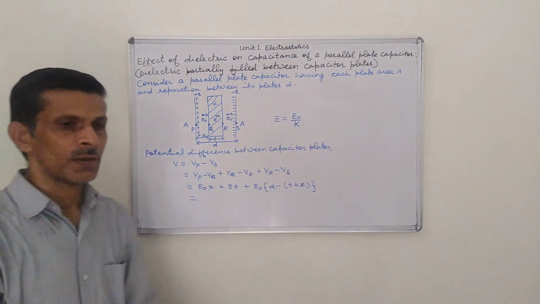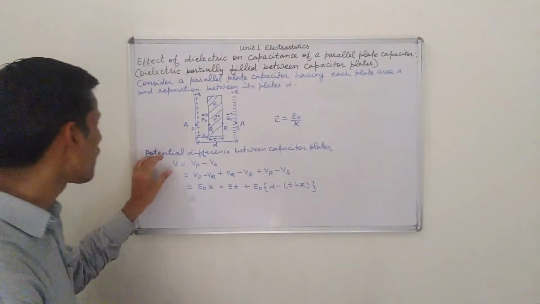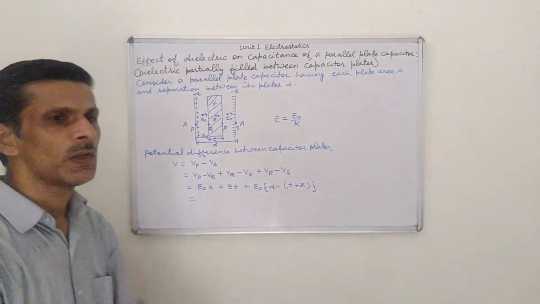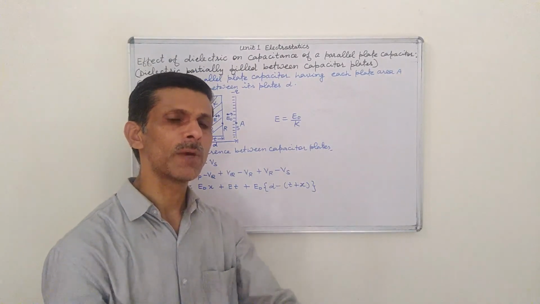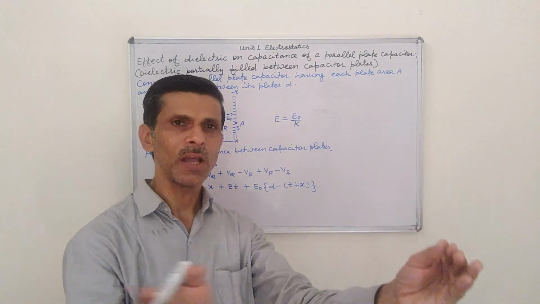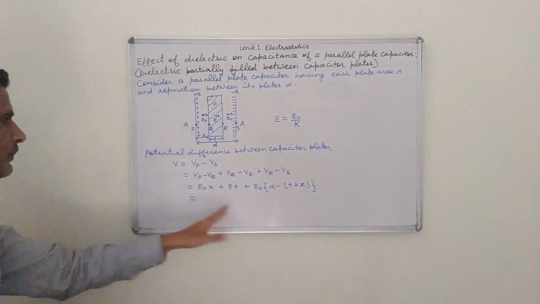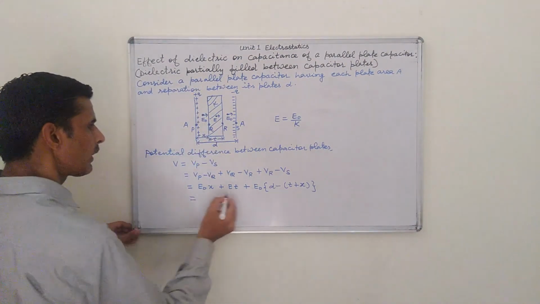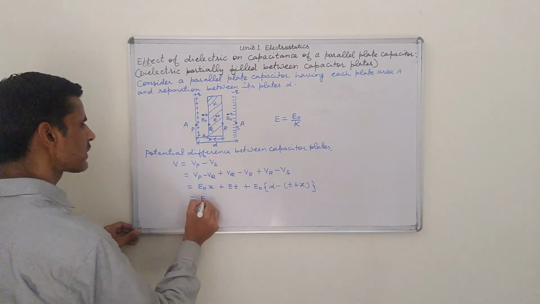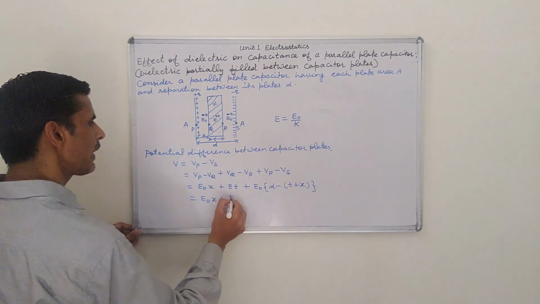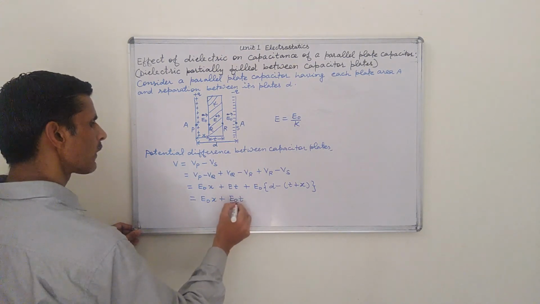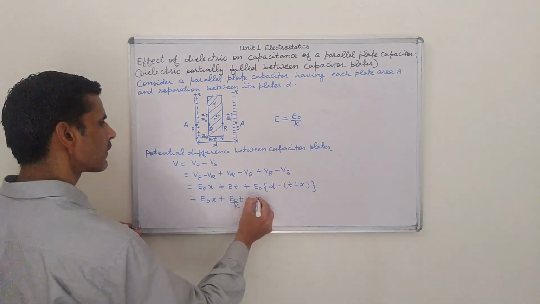Here we have used the relation that the potential difference in a uniform electric field is the magnitude of the electric field multiplied by the distance between the points. So this becomes E naught x plus E, where E is equal to E naught upon K, times T, plus E naught times D minus T minus x.